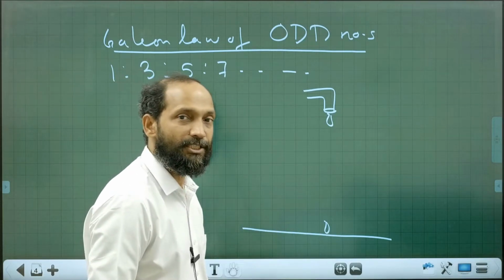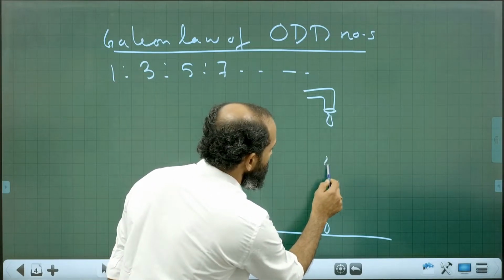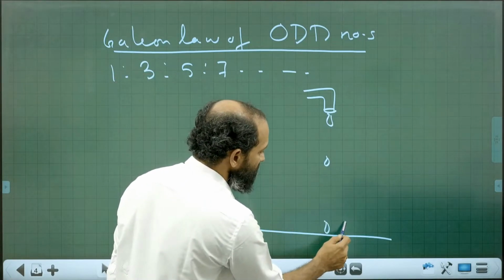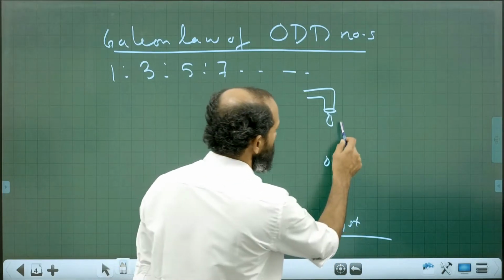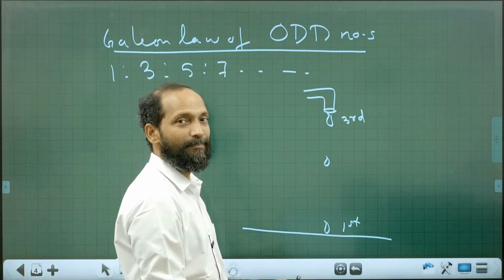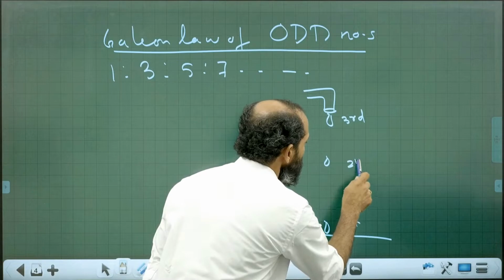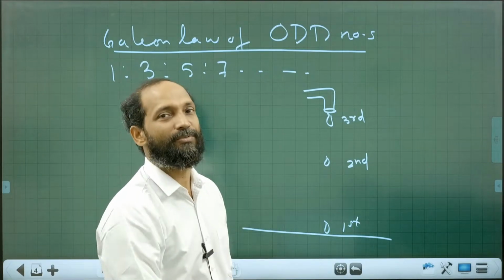In that screenshot you see 3 water drops in air. The first drop is just about to reach the ground, the third drop is just about to leave the tap, and the second drop is in the air in the middle.